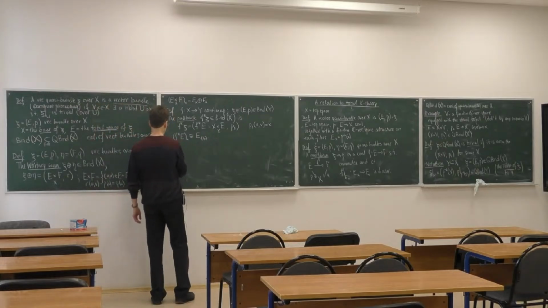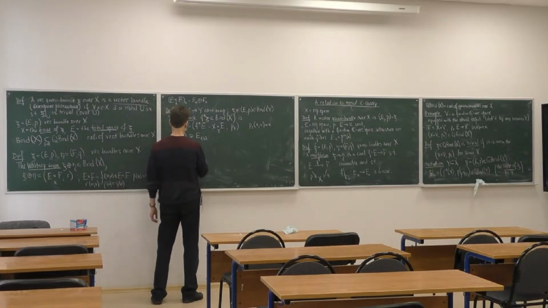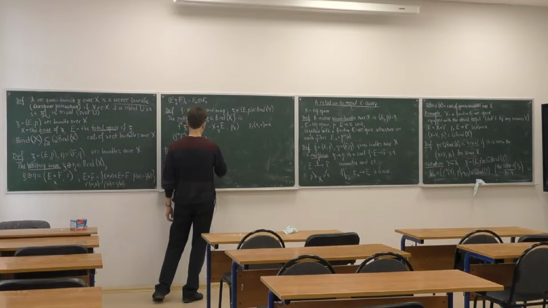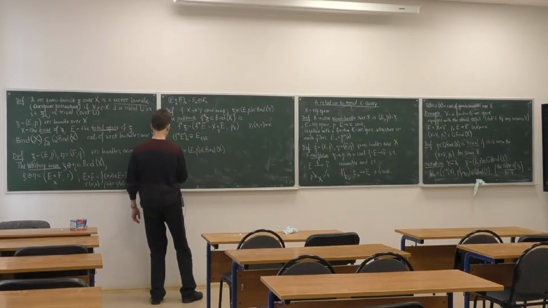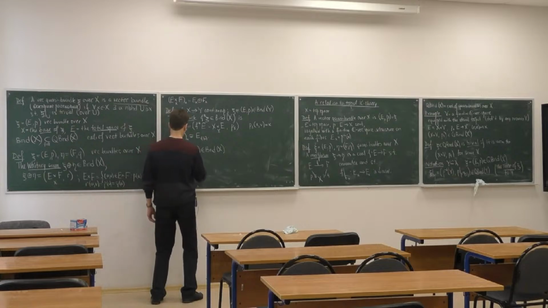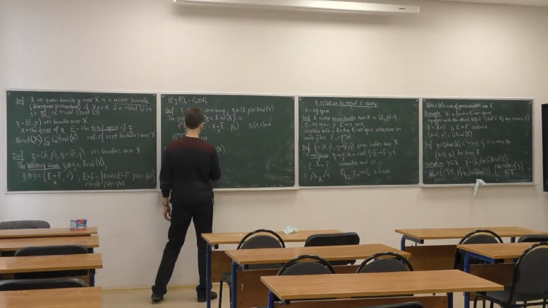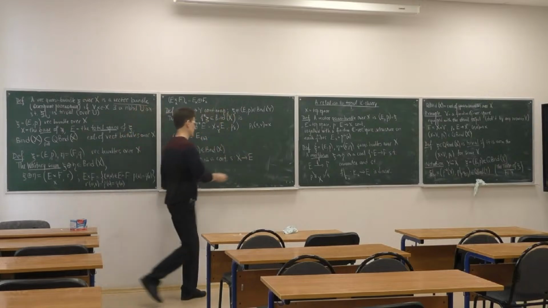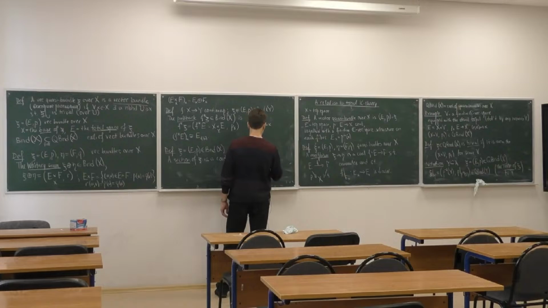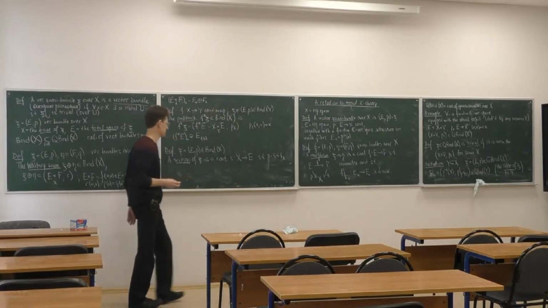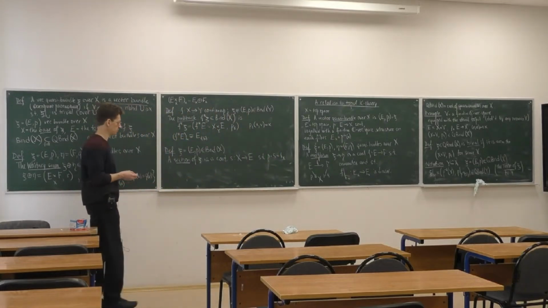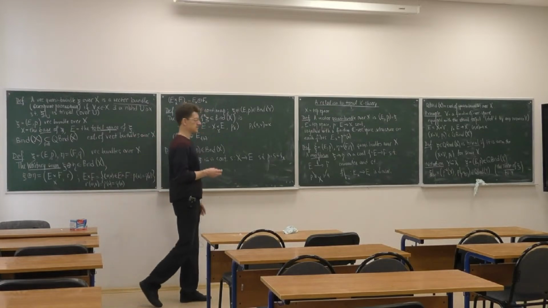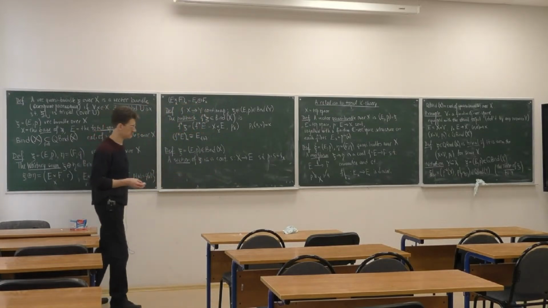Here we have a vector bundle psi over X. Then, by definition, a section of psi is a continuous map S from the base to the total space, such that the composition of P and S is the identity map of X. In other words, this is just a continuous map which takes every point in the base to a certain point in the fiber over this point.